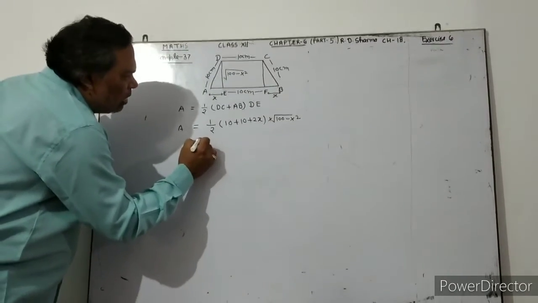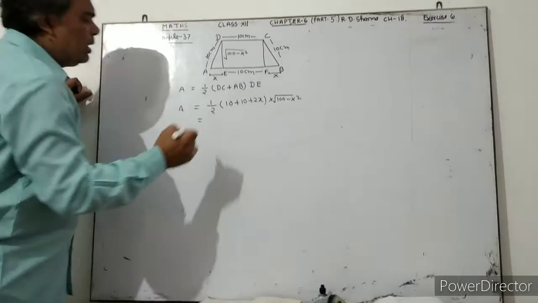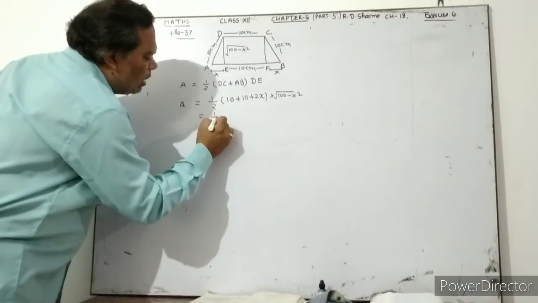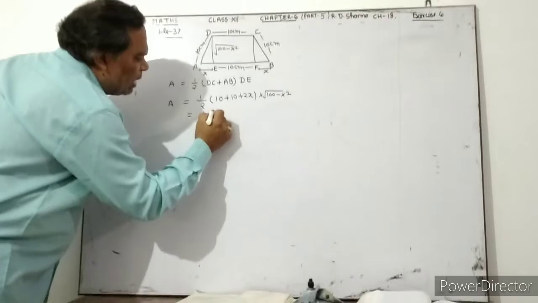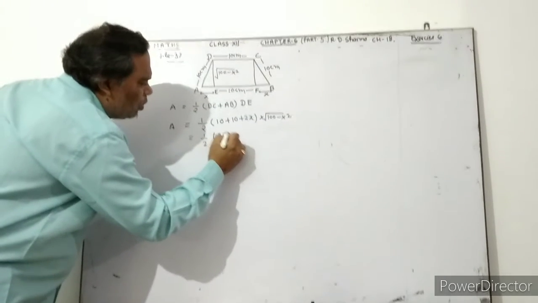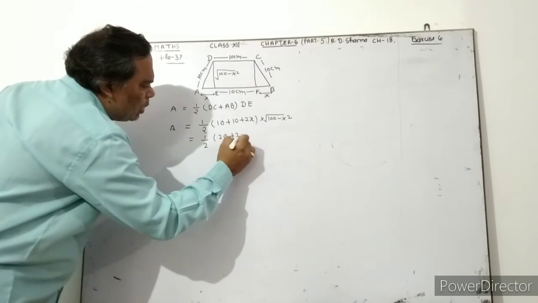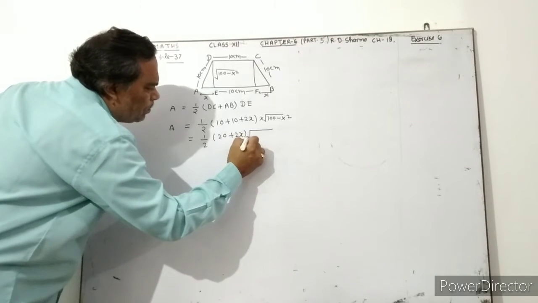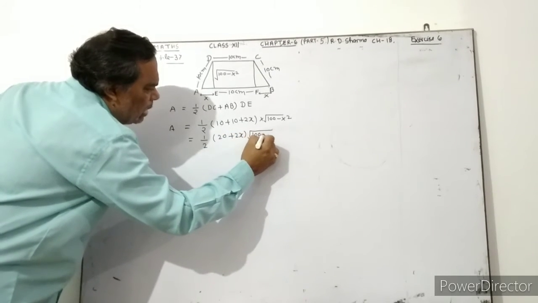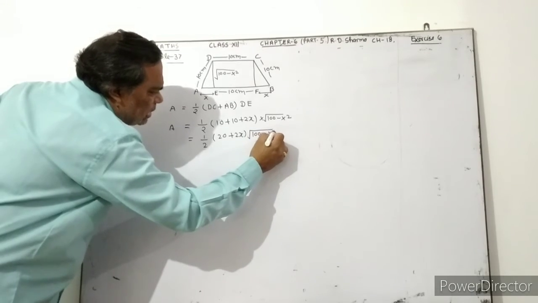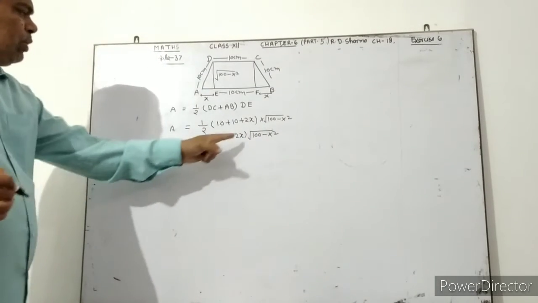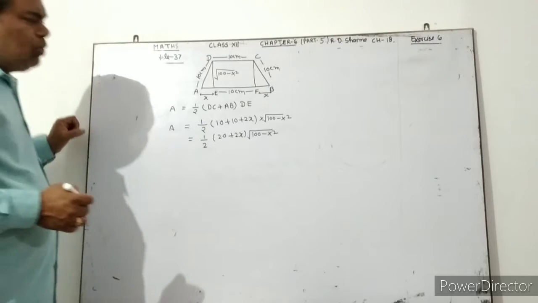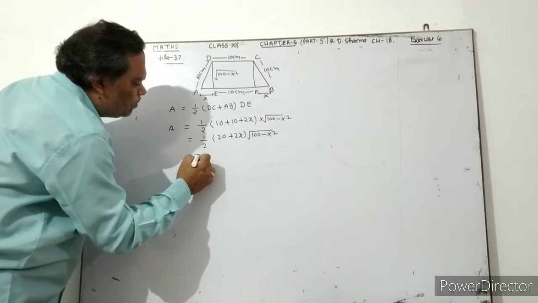Now you solve this. 1/2, 10 plus 10, 20 plus 2x, into under root 100 minus x square. Now 2 is the common. You take 2 common.